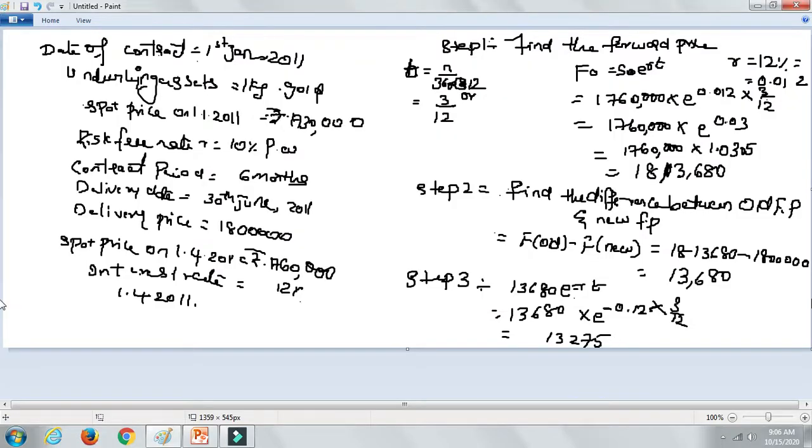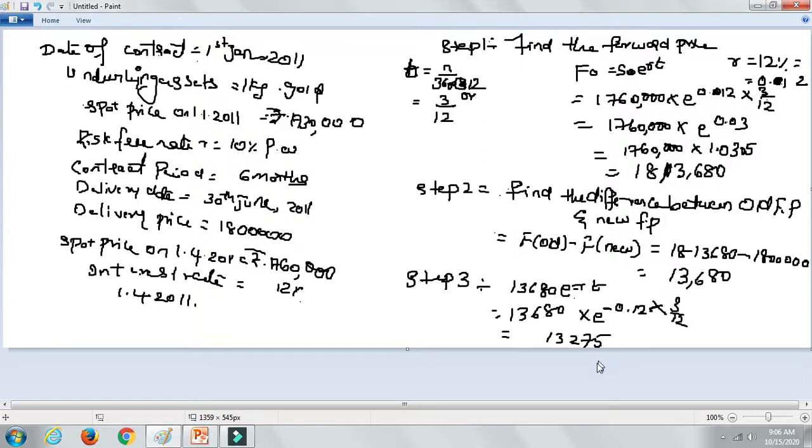So here what you are supposed to do is, you have taken 13,680 into e power minus 0.12 into 3 by 12. Here also I have mistakenly written 0.012. It is not 0.012. It is 0.12. So here 0 will not be there. 12 by 100 it will be 0.12. Okay, remember this.